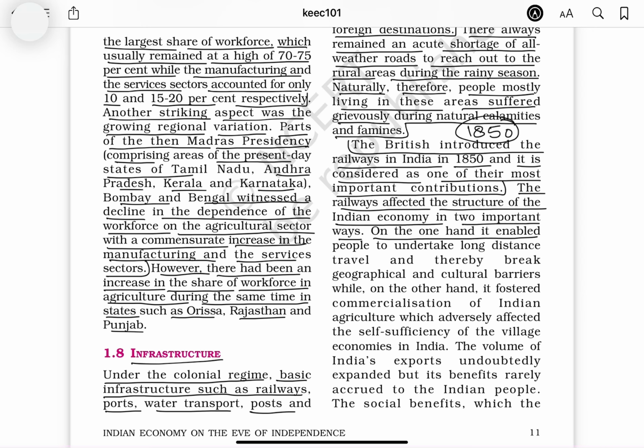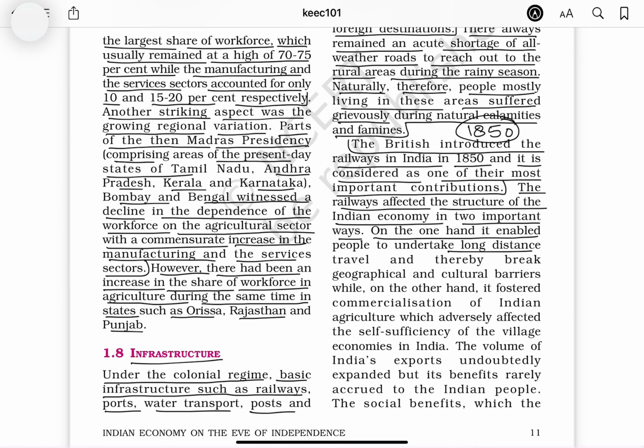On the one hand, it enabled people to undertake long-distance travel and thereby break geographical and cultural barriers while, on the other hand, it fostered commercialization of Indian agriculture which adversely affected the self-sufficiency of the village economies in India.